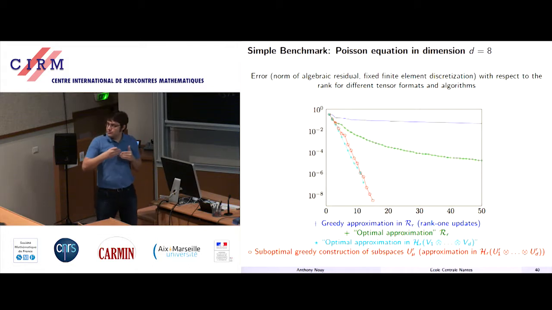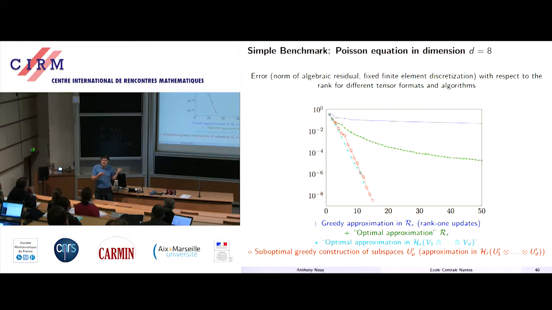Okay? So this greedy construction of spaces appears to be, in this situation, really quasi-optimal, because the blue curve that you see here is really the optimal that we were able to compute. We are not guaranteed that it is really the optimal, but we try to find the optimal spaces of the same dimension. And you see that the greedy construction, which is red, is almost optimal.